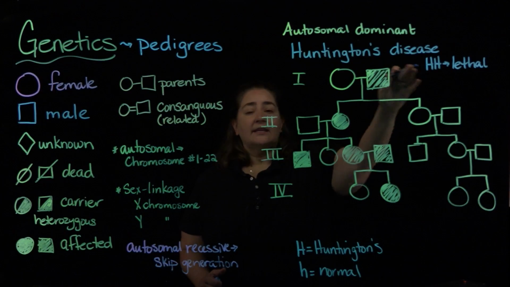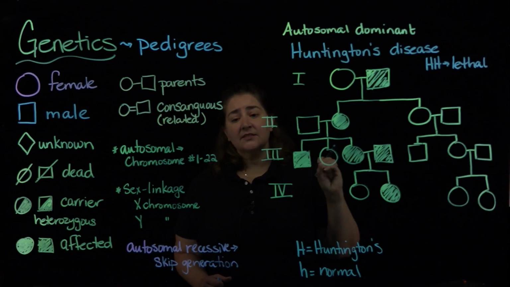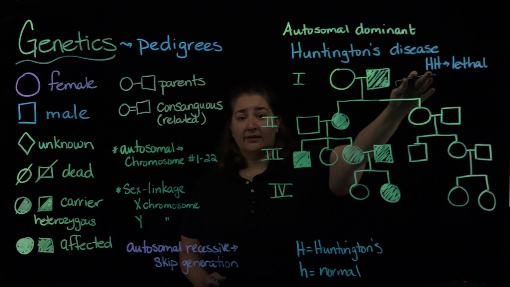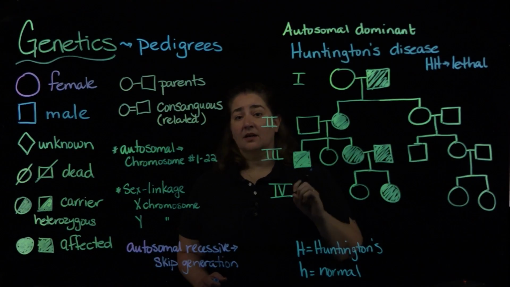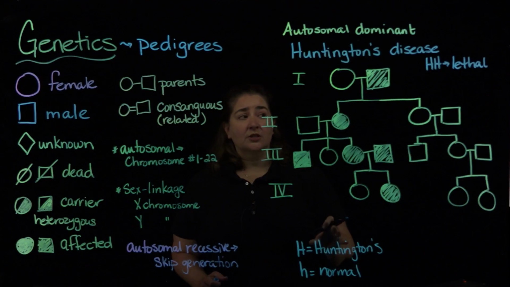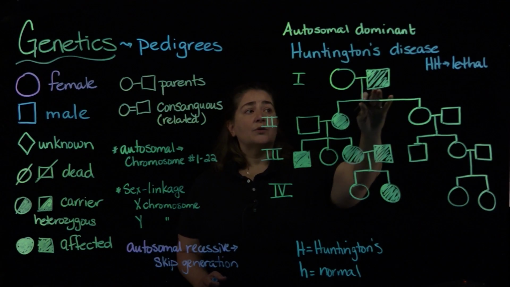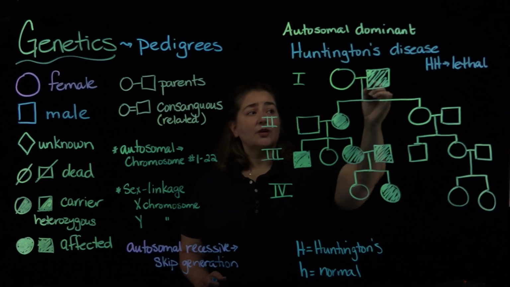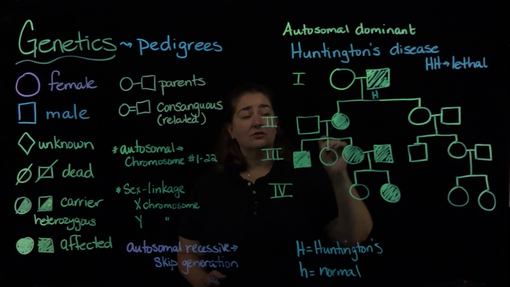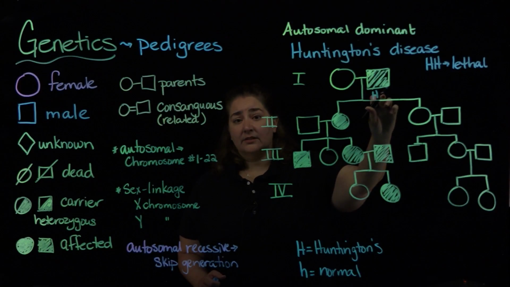Now, in questions like this, if something is going to be homozygous lethal, if I ask this as a quiz question, I would tell you that information. I would tell you homozygous dominant is lethal. That gives you information when you're constructing your pedigree. Because with autosomal dominant traits, what you don't know necessarily is what that second allele is.